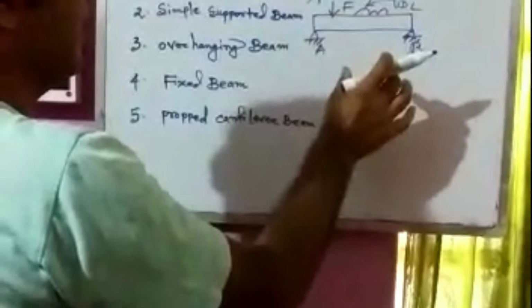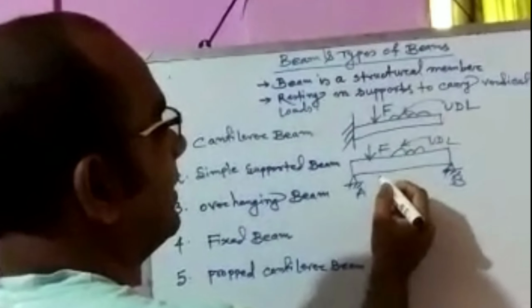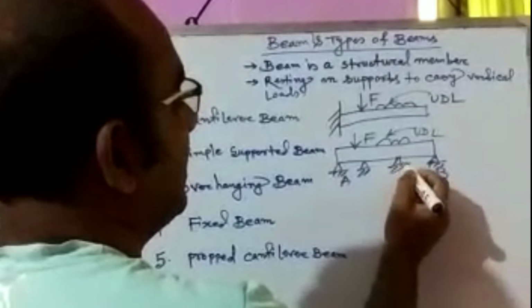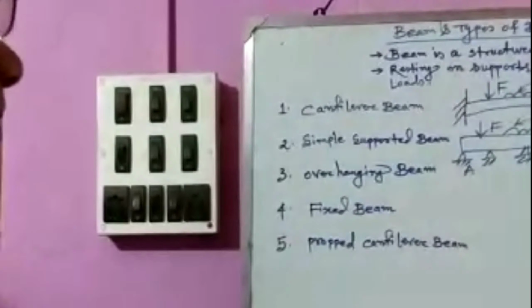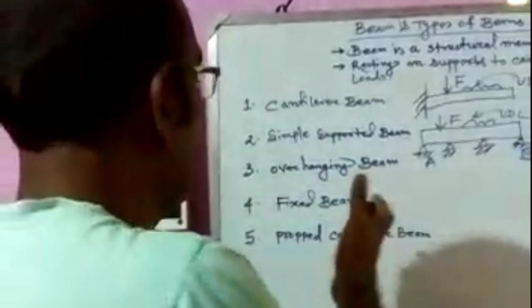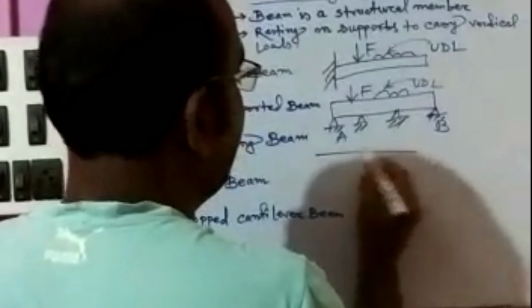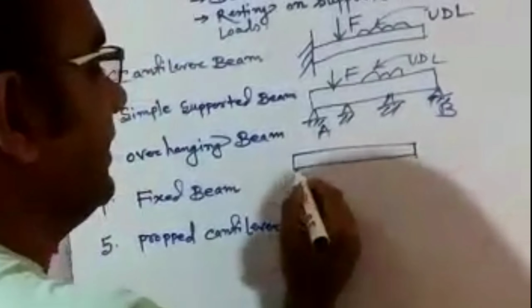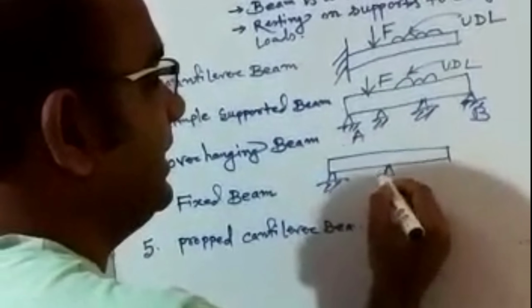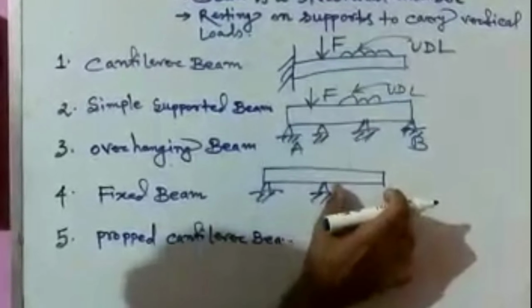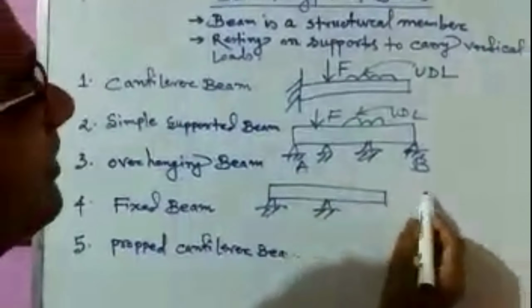Here I have shown points A and B as simple supports, but another support may also be utilized. That's not a problem, it is still simple supported. Next one, overhanging beam. Suppose one of the ends just overhangs, and sometimes both sides overhang.